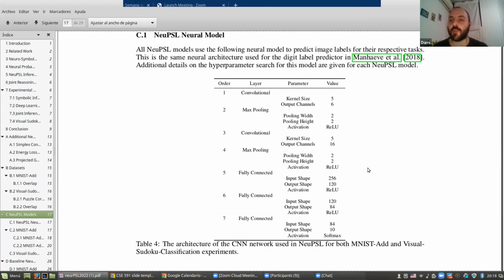NeuPSL incorporates previous knowledge in the form of rules, and it would be interesting to compare some pre-trained neural networks with these neurosymbolic models to see 2 different ways of incorporating previous knowledge: with pre-training and with the use of logic rules. That would be interesting. Maybe pre-trained models would perform better with a lower amount of examples.